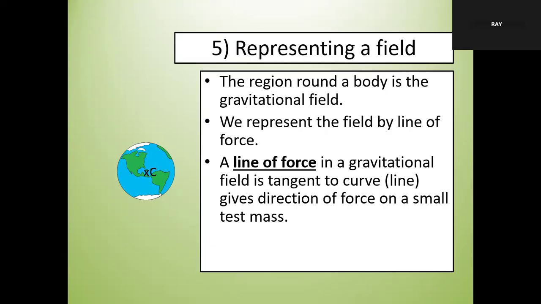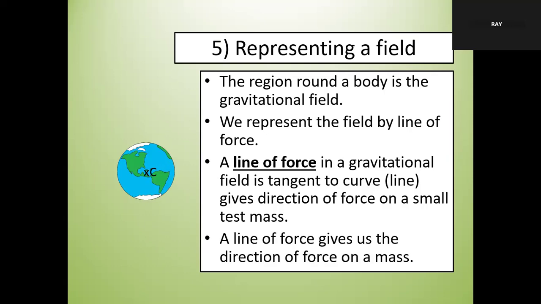At Cambridge, instead of calling it a curve, you would call it a line, so it means the same thing. It gives the direction of force on the small test mass. Here you won't see the curve; it's more of a straight line for a gravitational field. A line of force gives us the direction of force on the mass, so basically it tells us the direction the mass will accelerate.